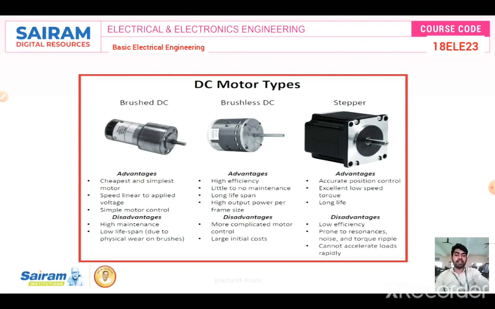Brushless DC motor: high efficiency, little to no maintenance, long lifespan, high output power, and smaller frame size. Disadvantages: more complicated motor control and larger initial cost. Stepper motor: accurate position control, excellent low speed torque, long life. Disadvantages: low efficiency, prone to resonance, noise and torque ripple, cannot accelerate load rapidly. These are the special types of DC motor.